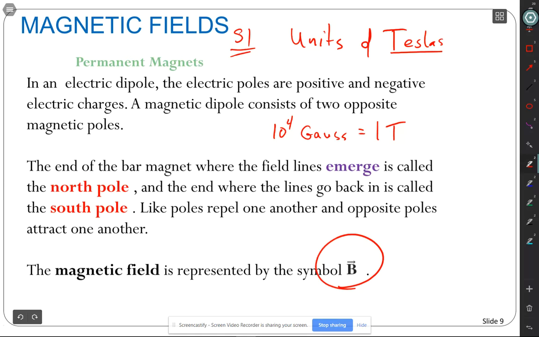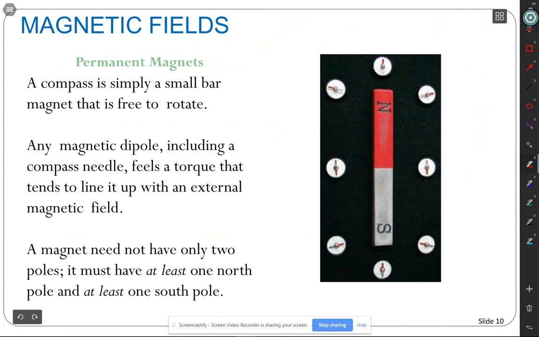So the Gauss is another unit that's used for magnetic field. It's just a much smaller unit. That is, 1 Gauss is much less than 1 Tesla. So those are the units we use. And we'll worry about how that relates to the base units, the ampere, the meter, kilogram, the second later.